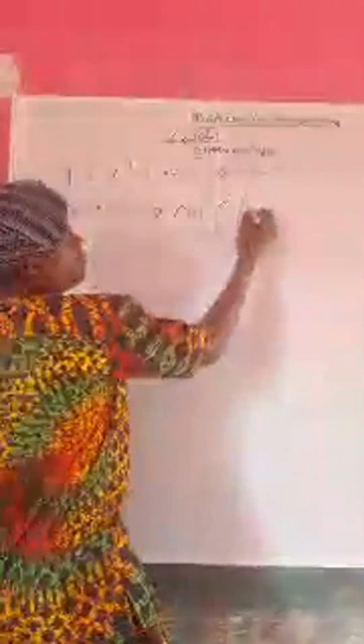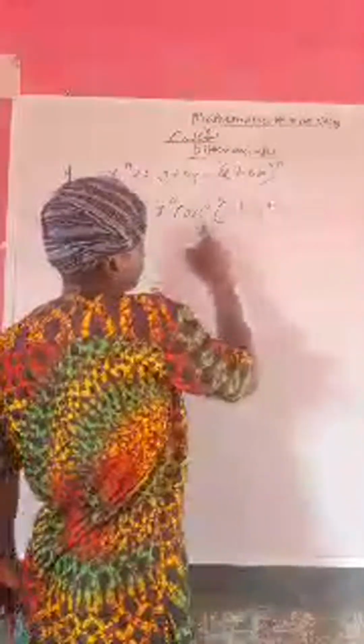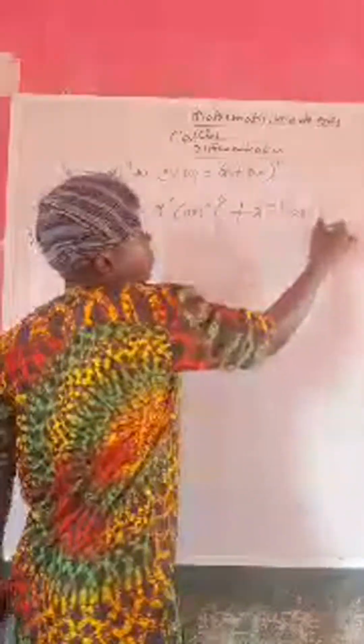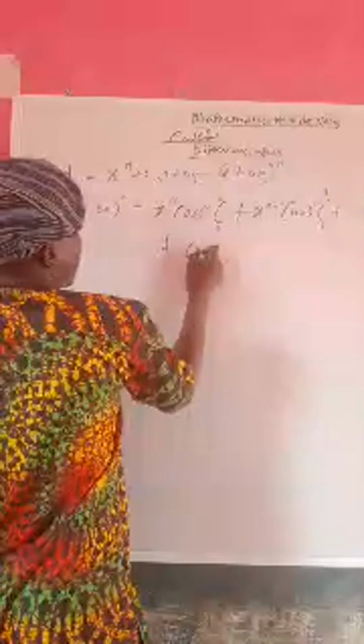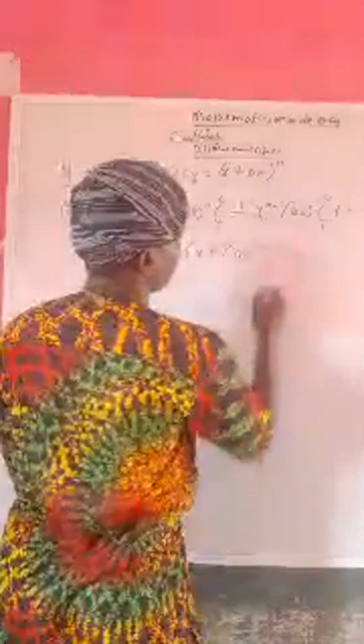So plus x raised to the power of n minus 1, then increase in x raised to the power of 1, times n combination 1. Then plus dots, plus x raised to the power of 0 multiplied by increase in x raised to the power of n, with n combination n.